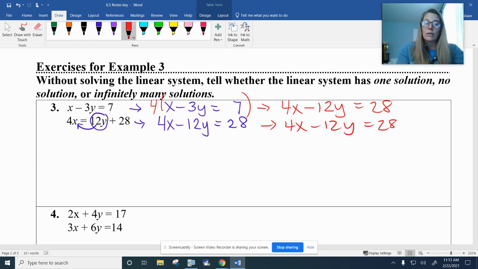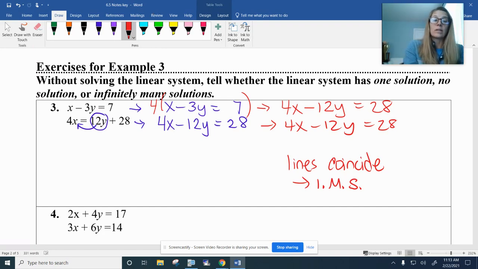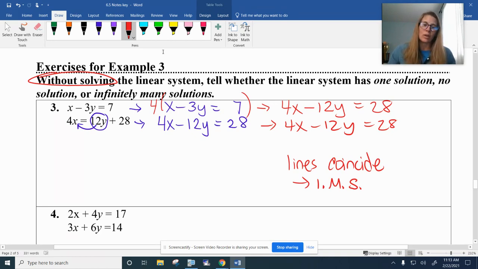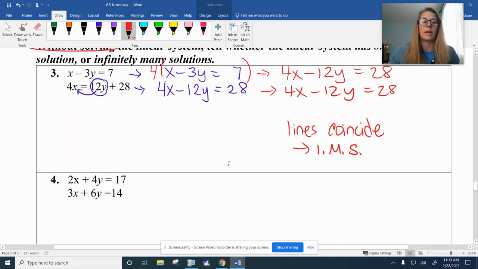Even if you don't do that, you're going to see these are exactly the same, which means the lines coincide, which means they're the same. And there's going to be infinitely many solutions. And the reason I did it that way is because it said without solving. If it said to solve it, then I would have done -4 and everything would have canceled. But you get the same idea. There's lots of ways to look at it.